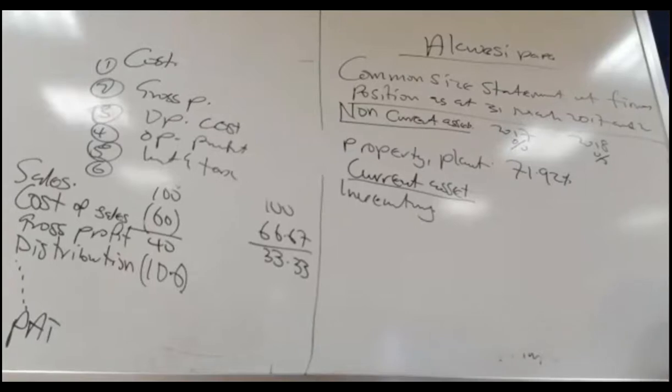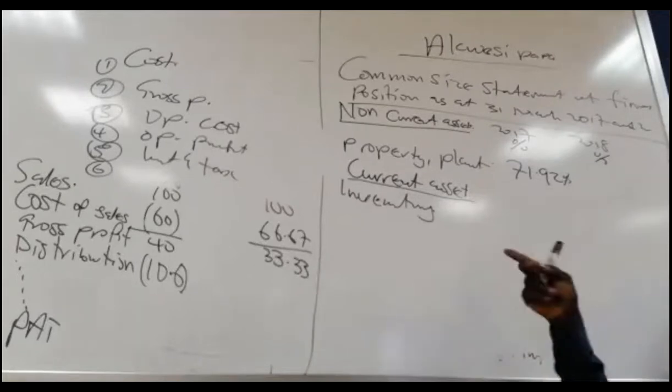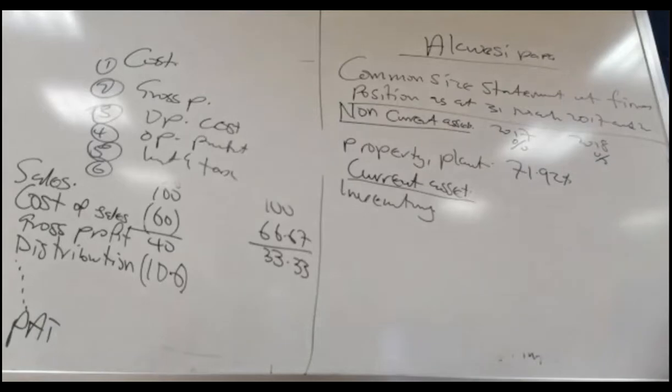We said that if cost of sales is 60% of sales, which is a bit high, even though it's a bit moderate, it's high over here. That is the impact on the organization. If cost of sales is high, what is the impact? It means that more of the sales you generate are pushed into cost of sales. For the profit and loss statement, only two items you are going to meet.